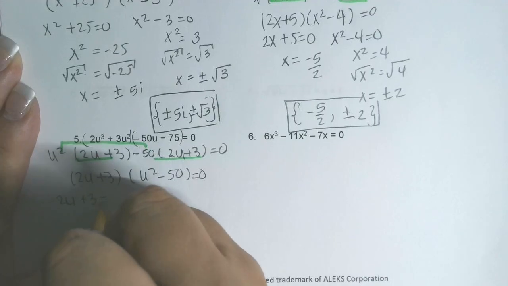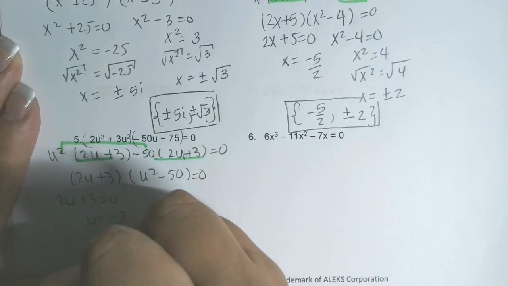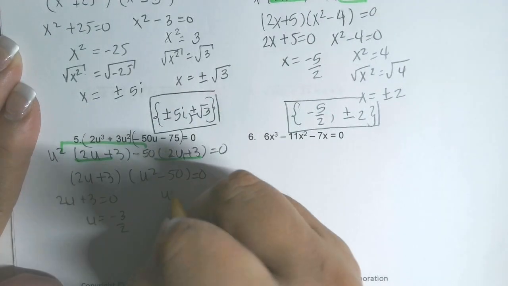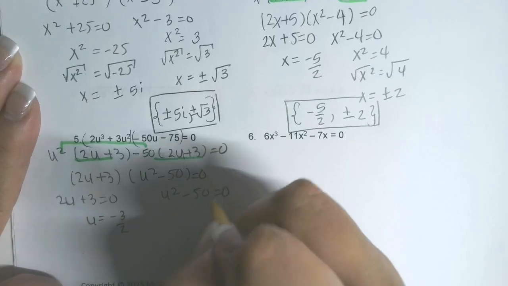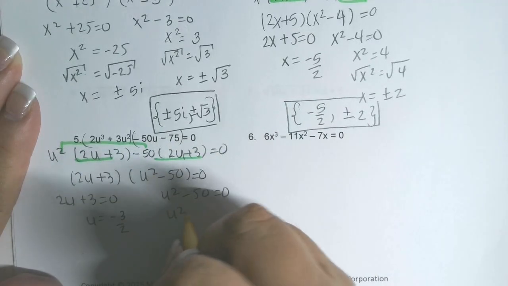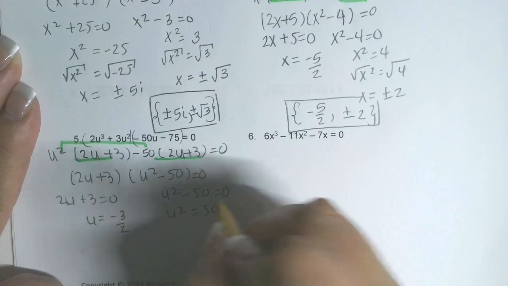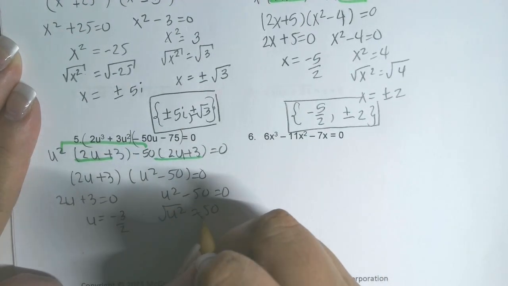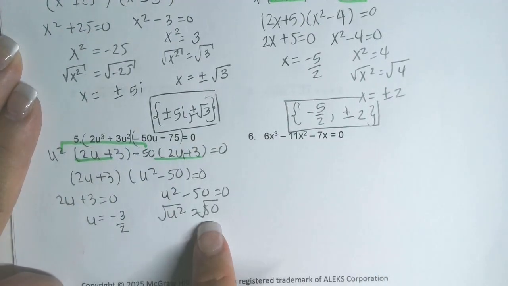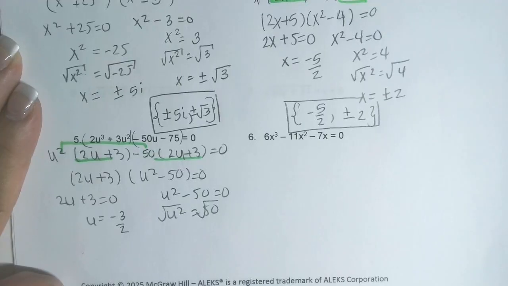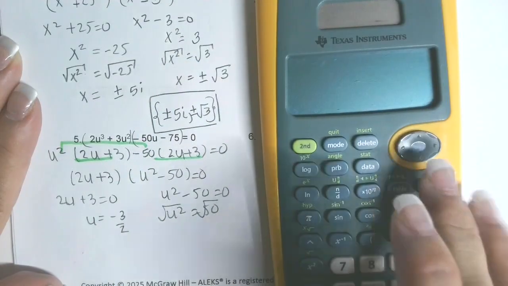2u plus 3 equals 0, so u equals negative 3 over 2. u squared minus 50 equals 0, and then u squared equals 50, and then the square root. Now, put your calculator away on this one. You want no decimals, an exact answer.